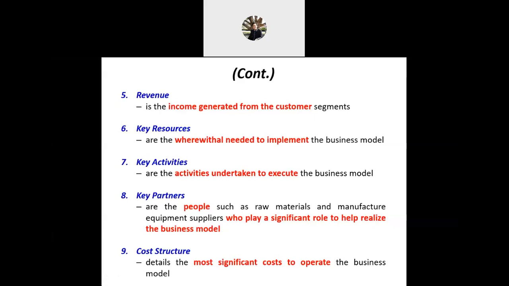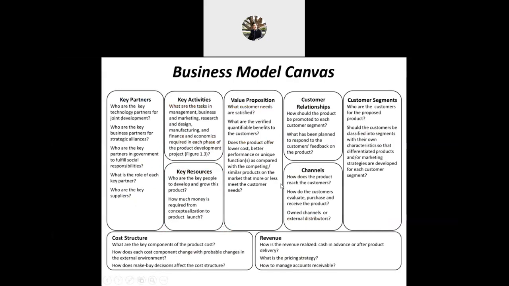Cost structure, the significant cost to operate the business. So these are the points that should be in the business model canvas, like a key technology partner to join development.